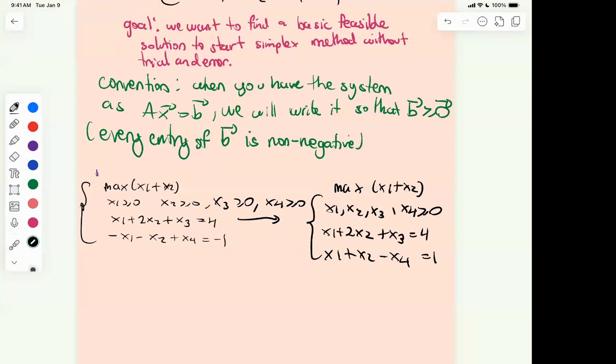Okay, and now comes the new part, which is the thing that we have to discuss for today, which is to find the basis. We will solve an auxiliary system. So I'll explain what that means.